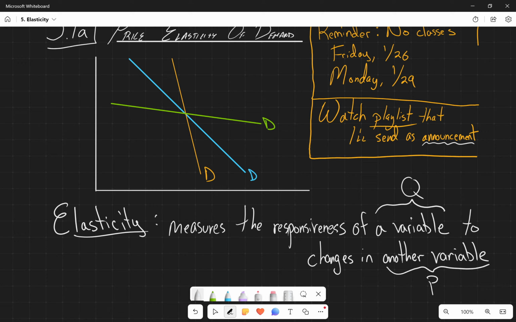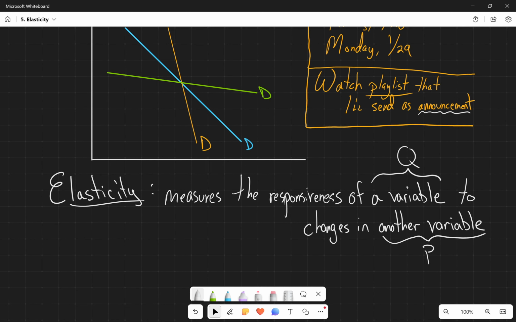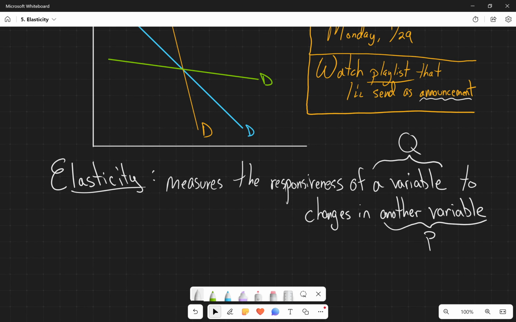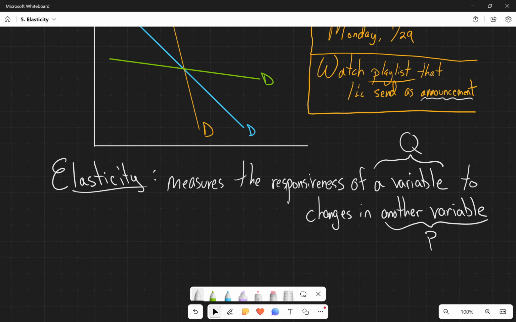We're looking at how price changes impact quantity. When we specifically look at price impacting quantity, that is known as a price elasticity.